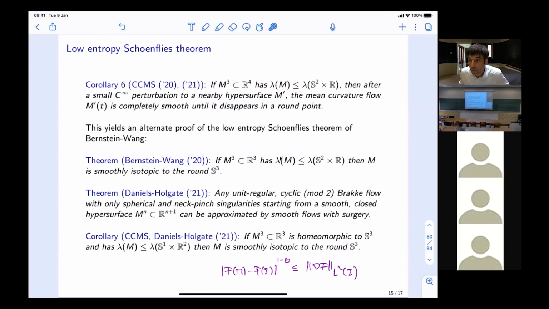Other questions? But still, you see type 2 singularities. I would expect that you could use something like this, that they are non-generic, because in some sense, if you have a type 2 singularity, you still have a tangent flow.